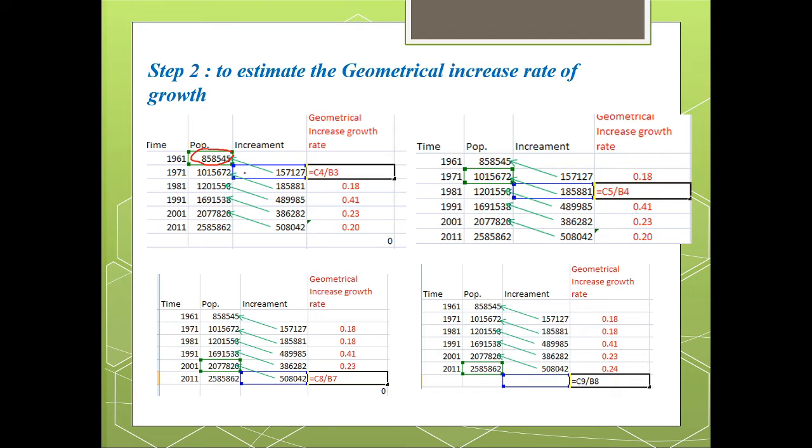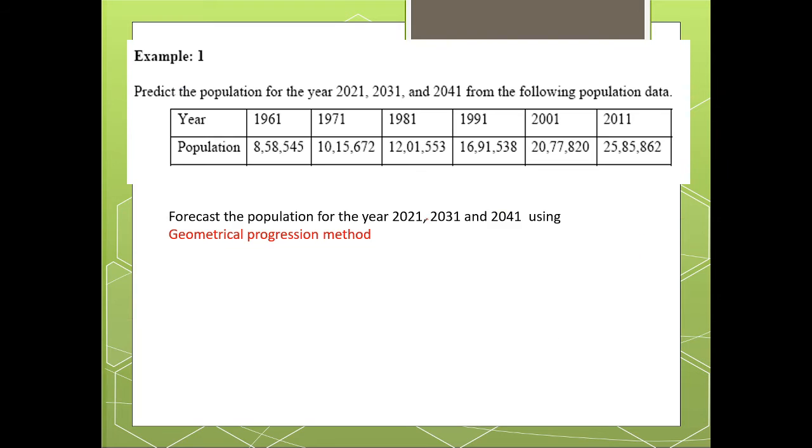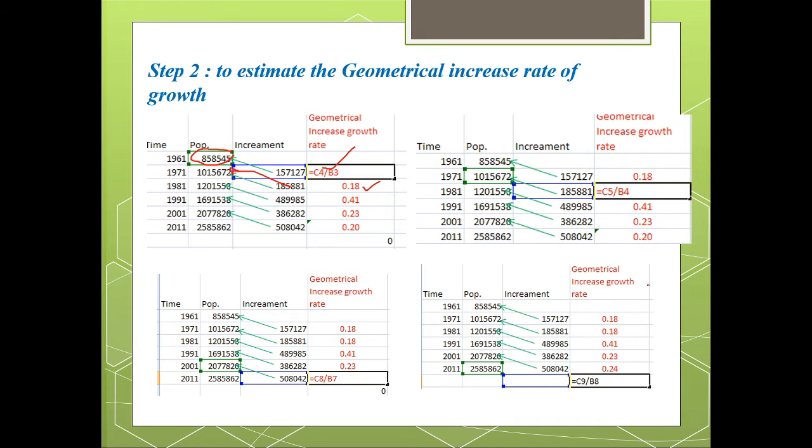Okay, he divided by B3. Then he will get this value. For this value, you have to find the incremental change that happened. So this is the geometrical increase method. You will get the growth rate in percentage this way. Clear?